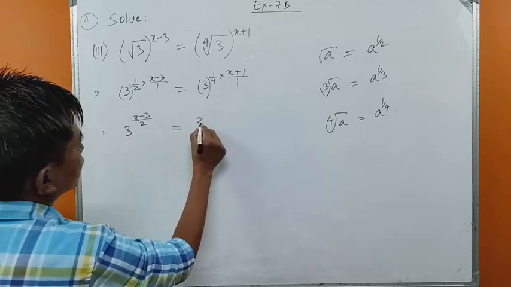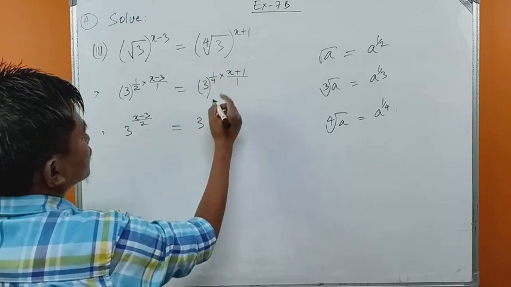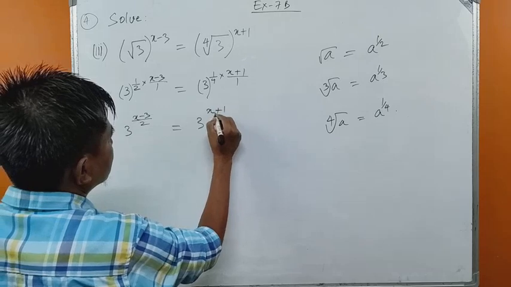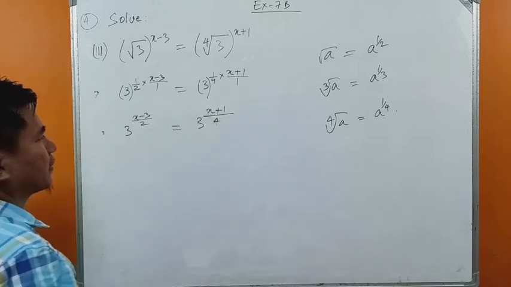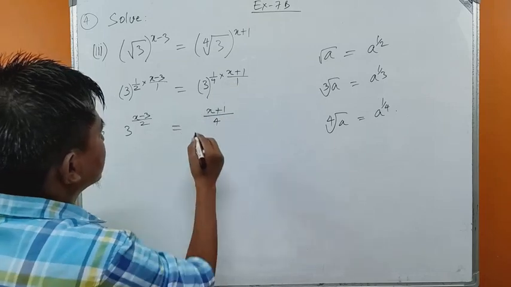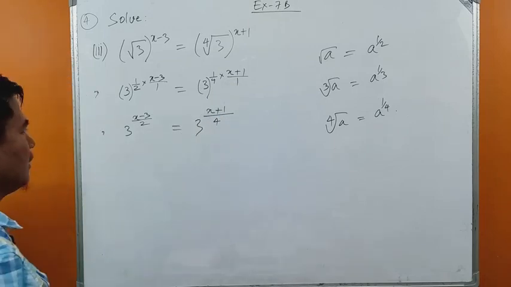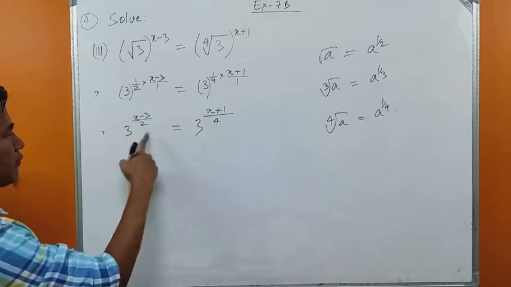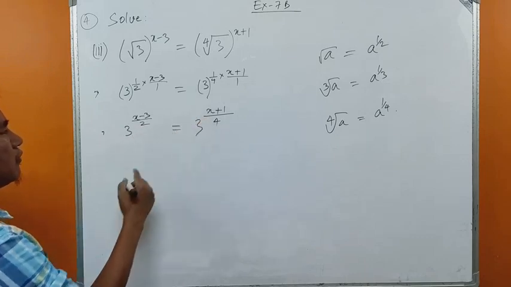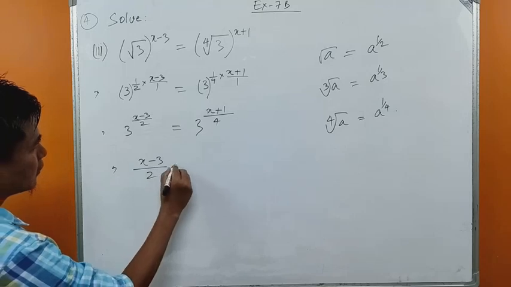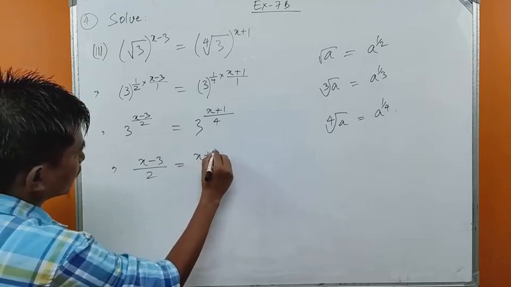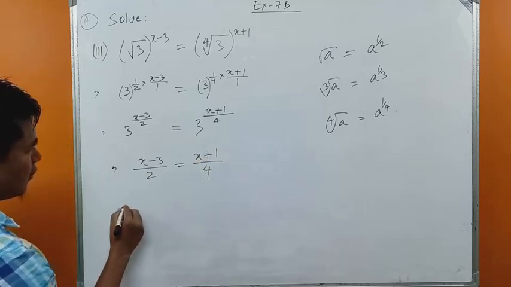Here we have 3 to the power 1 into x plus 1, and in the denominator 4 into 1, 4. Okay, let me write this 3 a little bigger. Now this 3 and 3, same base, means the power should be equal, or x minus 3 upon 2 equals to x plus 1 upon 4.